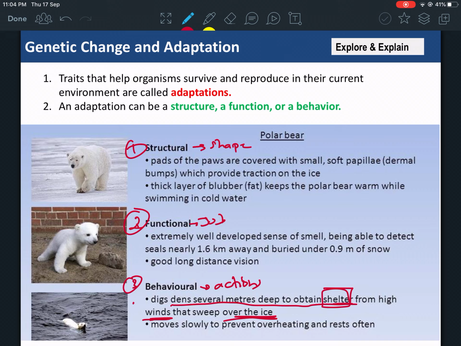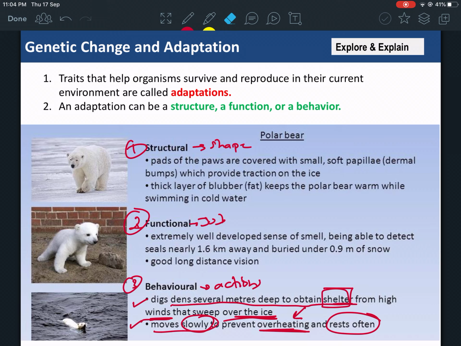Or another behavioral change: the bear moves slowly to prevent overheating and rests often. The bear rests a lot and moves slowly to prevent it from overheating.